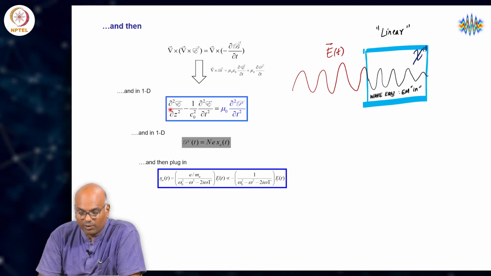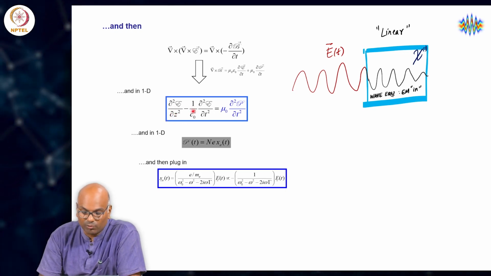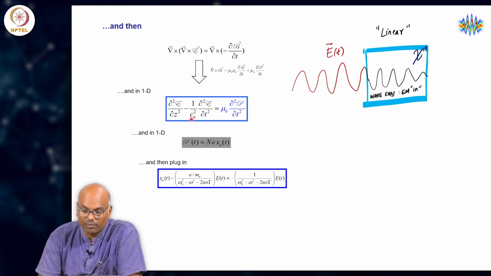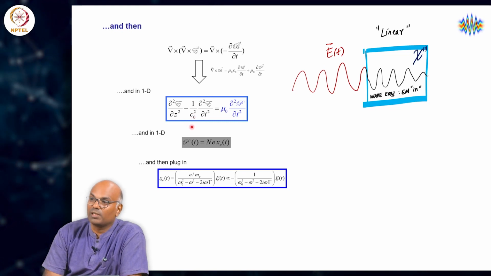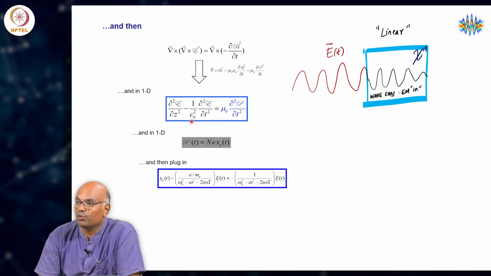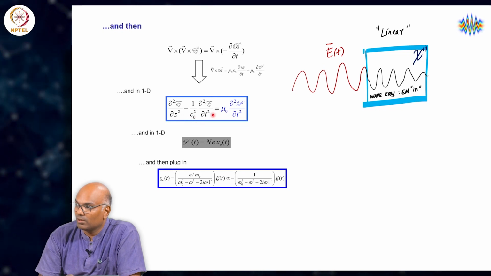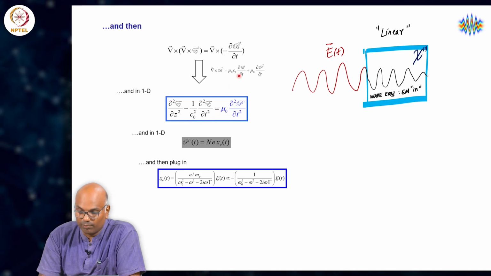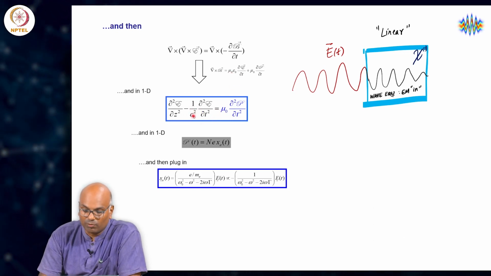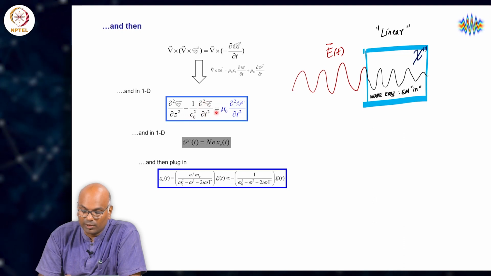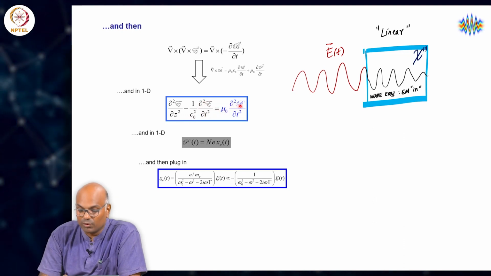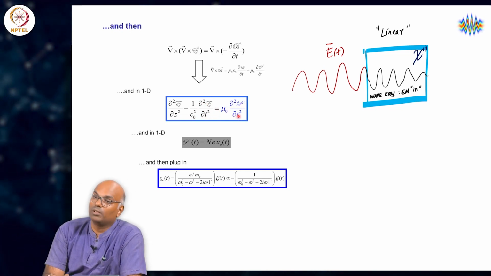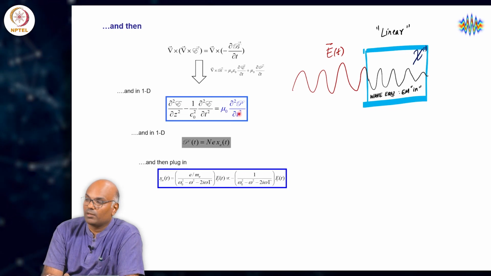So, we have d2E by dz2 minus 1 over c naught square, where c naught, the in vacuo speed of light, is 1 over the square root of mu naught epsilon naught, d2E by dt2, equals mu naught d2P by dt2, the second derivative of the polarization field with respect to time.